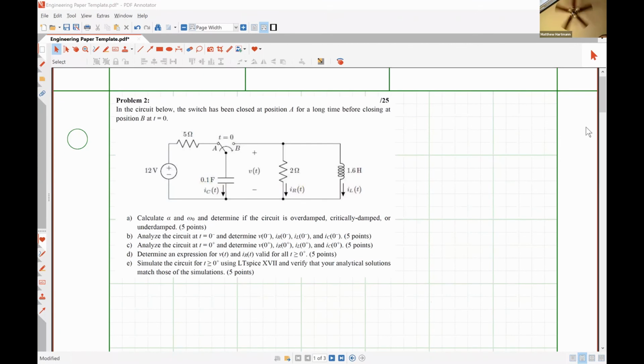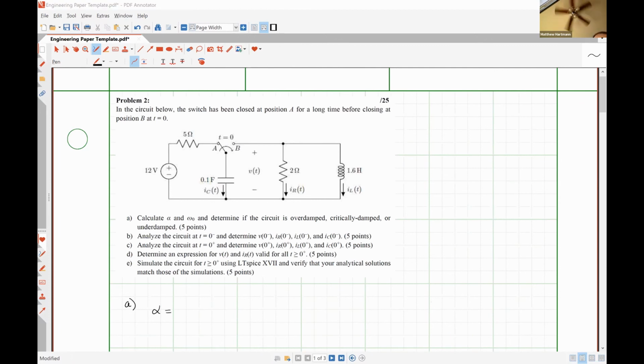So from our table, for a parallel RLC circuit, alpha is given as, I believe, 1/2RC.